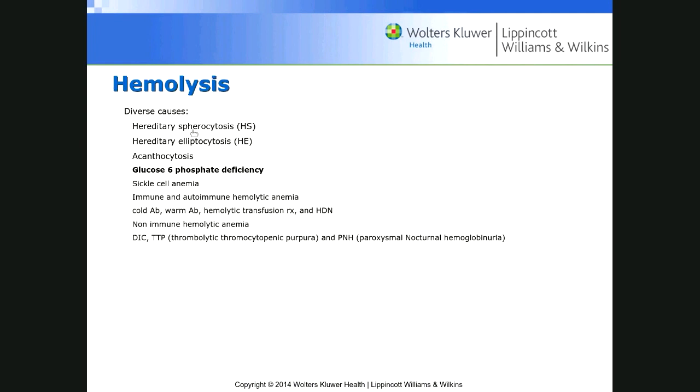Here are some conditions that could be considered intravascular or extravascular: spherocytosis, elliptocytosis, glucose-6-phosphate dehydrogenase deficiency, which is a very important one, sickle cell anemia, antibody-mediated or non-antibody-mediated causes, and DIC. Then thrombotic thrombocytopenic purpura, due to a defective enzyme, ADAMTS13, that breaks down von Willebrand factor, which is important for coagulation.